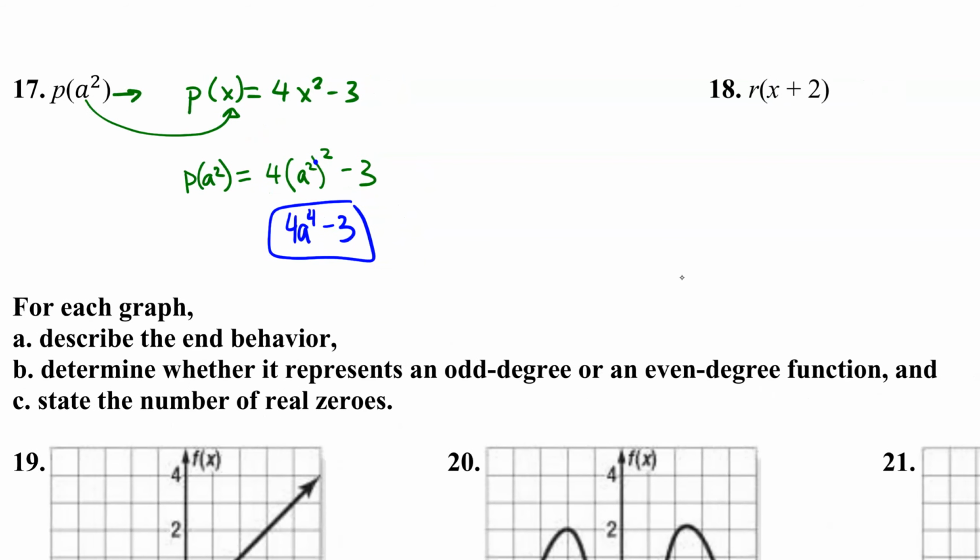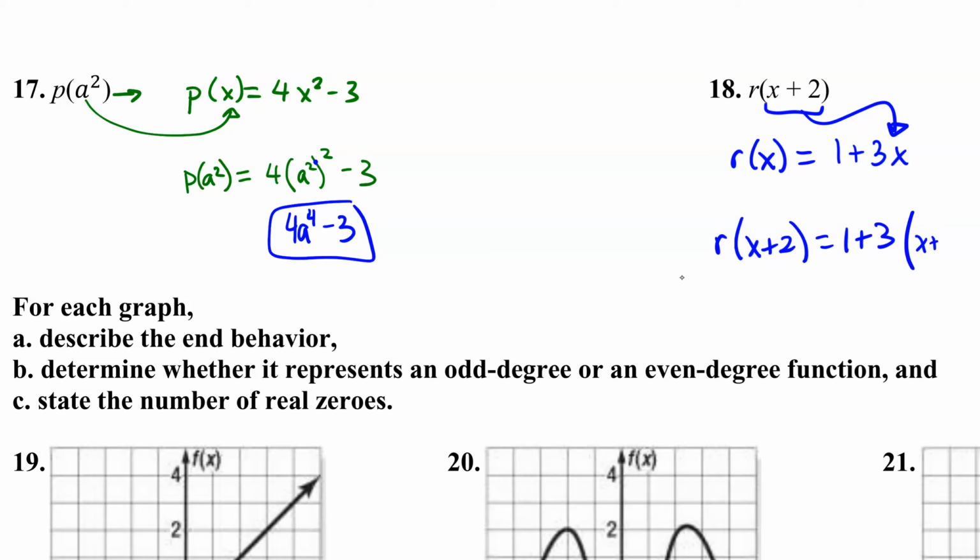So 18, r of x plus 2. We're plugging this in place of every x in my r of x function. Okay, so r of x was 1 plus 3x. So that means we're plugging this in place of x. So the 3, what do I really need to do with this 3? I must distribute. That was the trick play of this one.